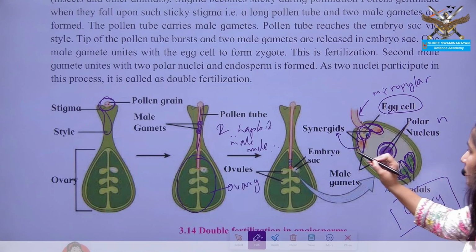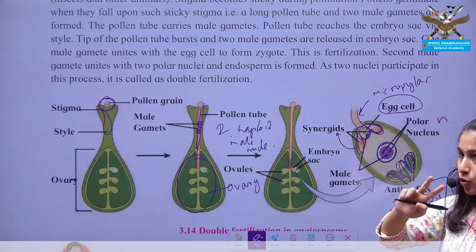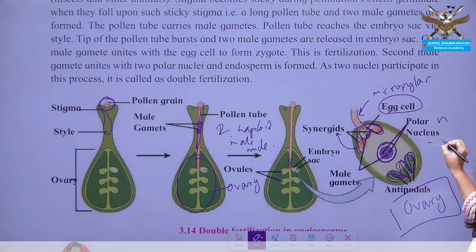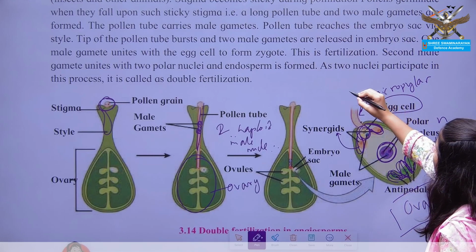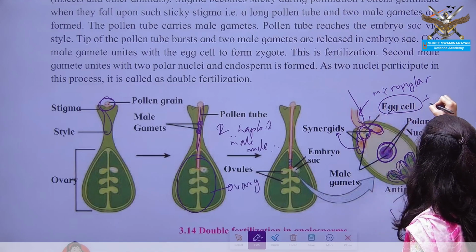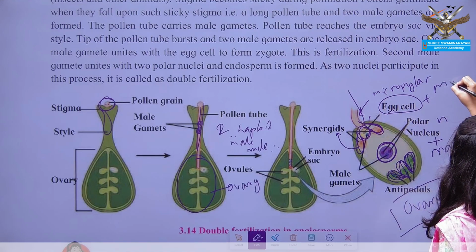So now from the two male nuclei, one comes and fuses with the polar nuclei. Okay, and one comes and fuses with this egg cell.